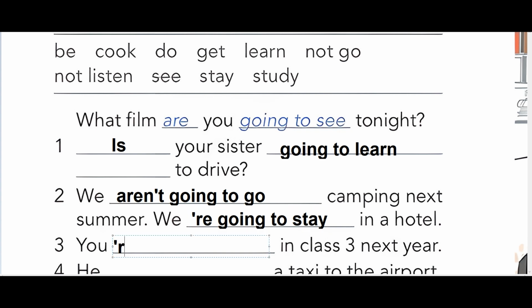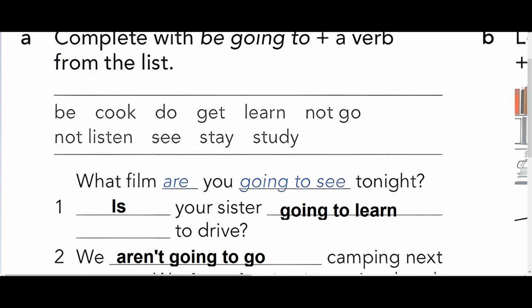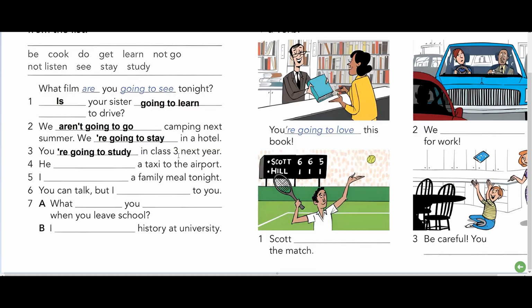Next is this one. You're going to in class 3 next year. I think study. Class 3, yeah, it's study. He's a taxi to the airport. Do we have get? Or take get, yes.